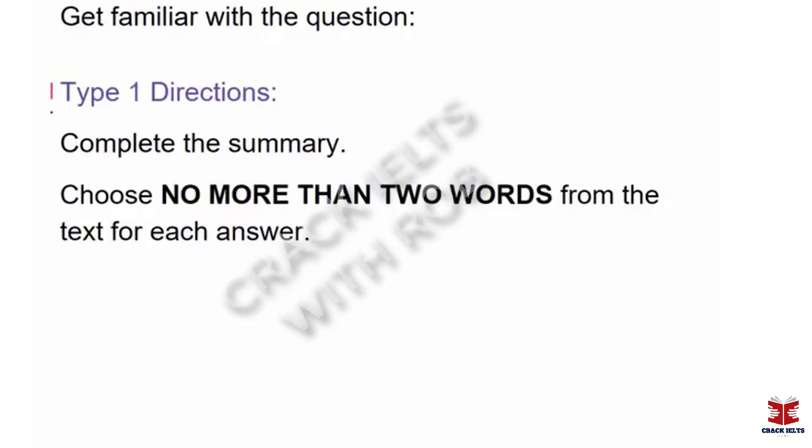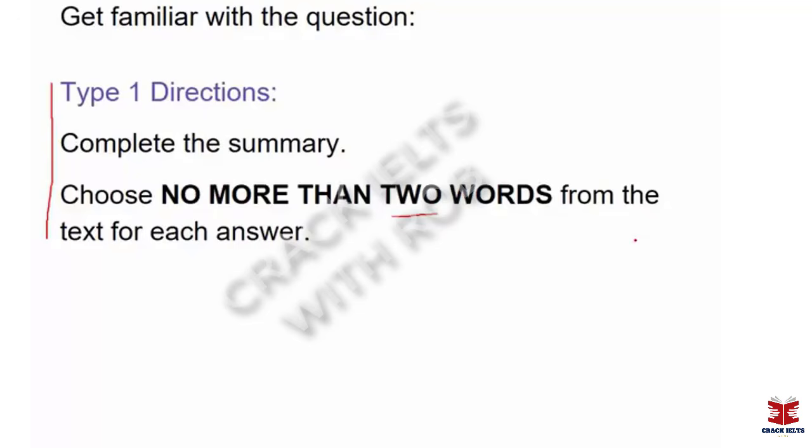The first type for summary completion questions are basic short answer question type that you've seen other places on IELTS reading. Here we've got the example of use no more than 2 words, okay? It could be 1 word, 3 words. You could have numbers that you have to use, okay? But this is just an example. This is a short answer question type.